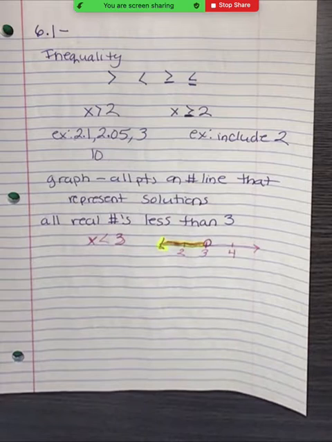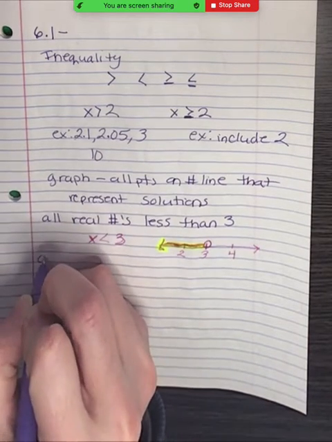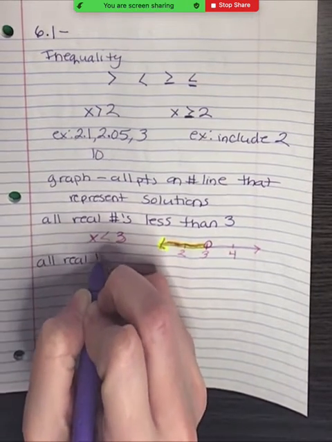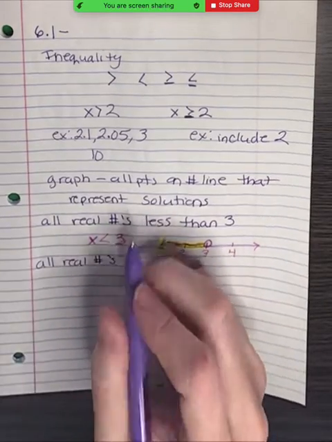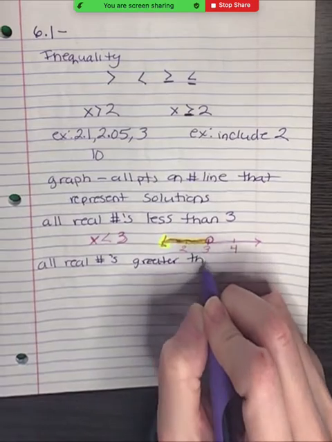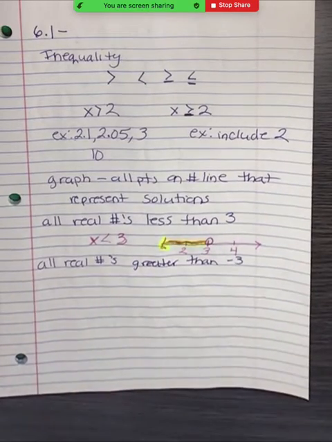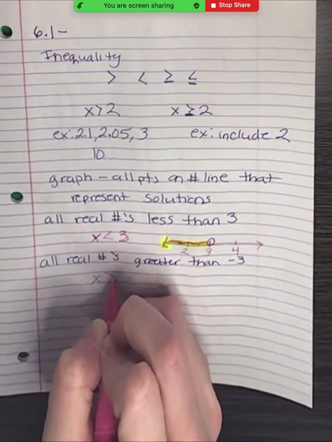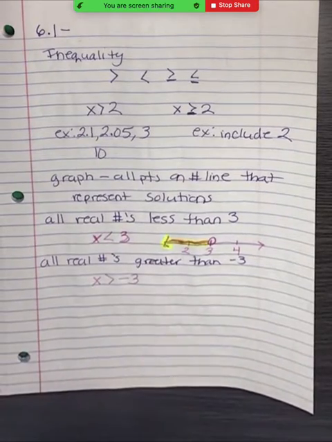Okay? All real numbers greater than -3. Again, x is all real numbers greater than -3 is written that way.